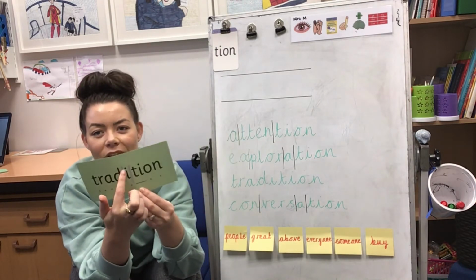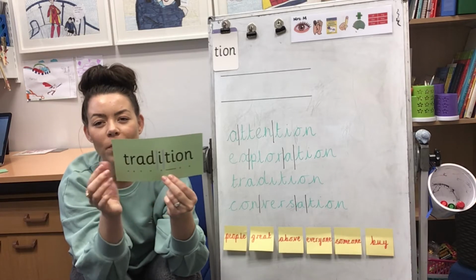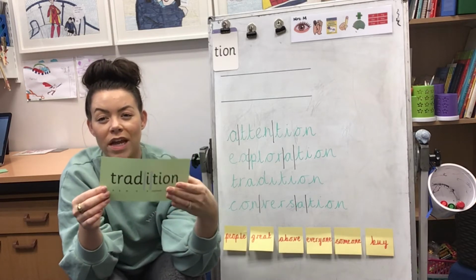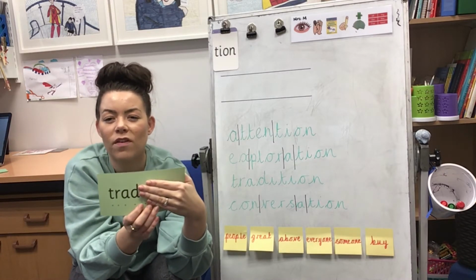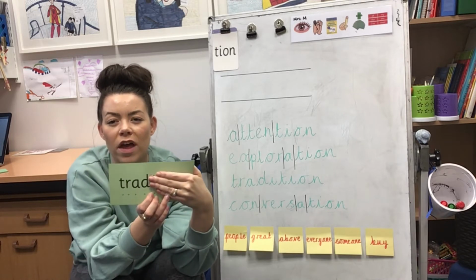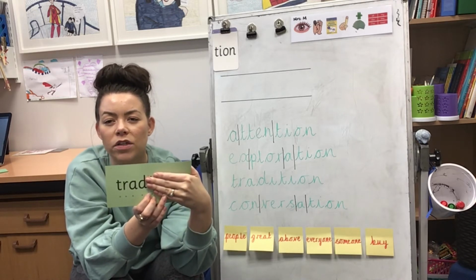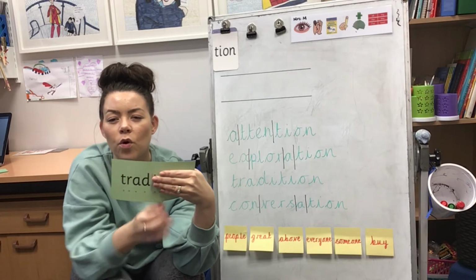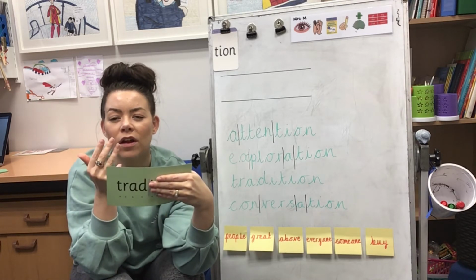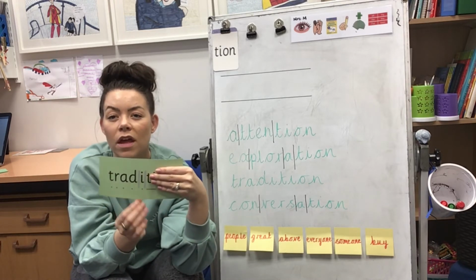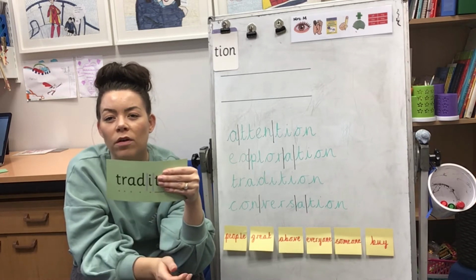Now, where these lines are help us to cover up bits of the word and chunk the word so it's easier to read. So we're going to focus on this chunk first. T, r, a, d. 4 sounds. Trad. Then we've got this one on its own.